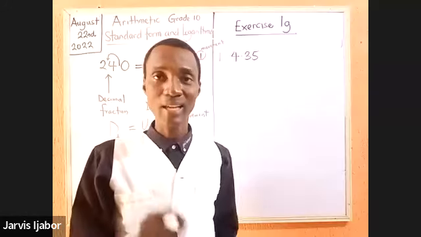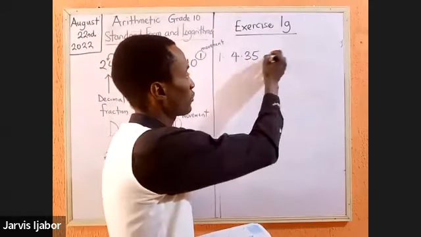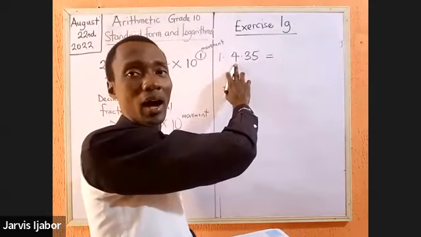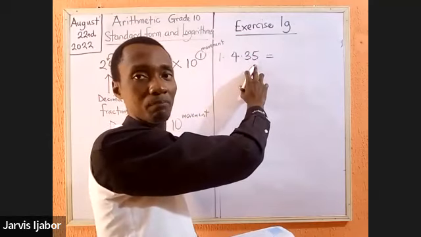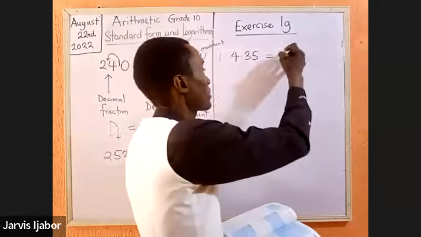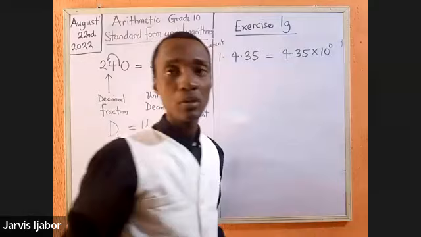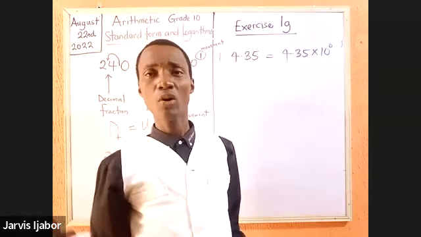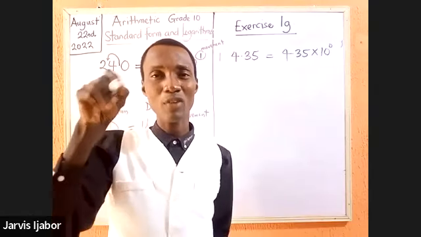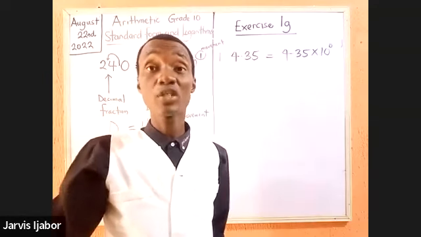Remember, we said that standard form has to do with what? The unit decimal. If you look at this number carefully, it's already a unit decimal. So we don't need to make any movement. So the best thing to write is just 4.35 times 10 raised to the power of 0. Because if you recall from our algebra class, 10 raised to the power of 0 is what? 1.